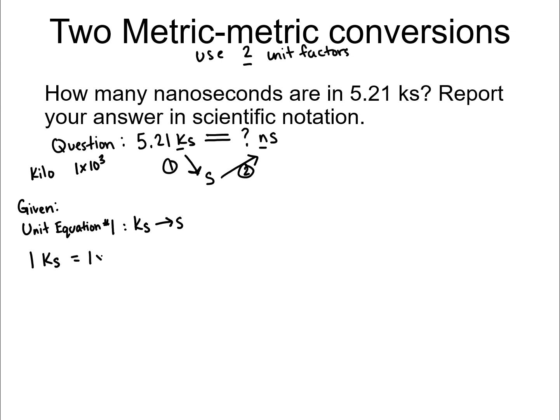That means I have 1 times 10 to the third seconds. If nano is 1 times 10 to the minus 9, what's my second unit equation?